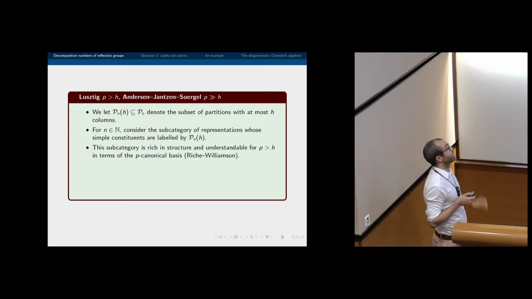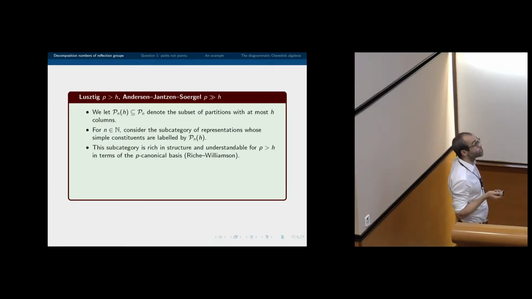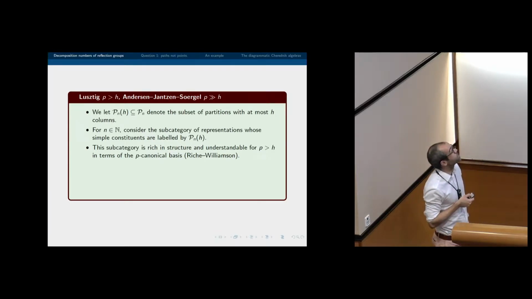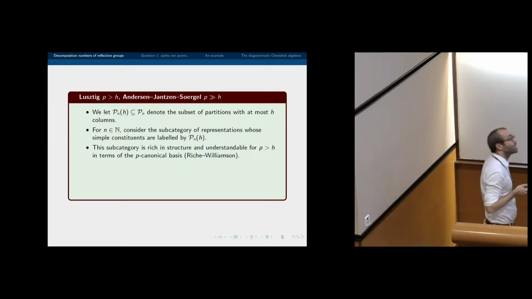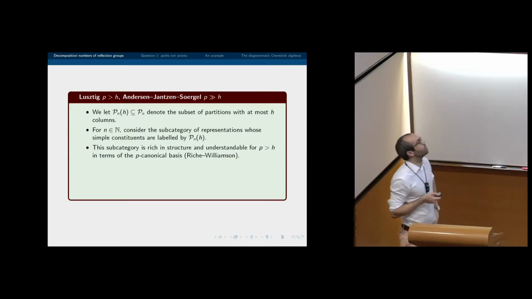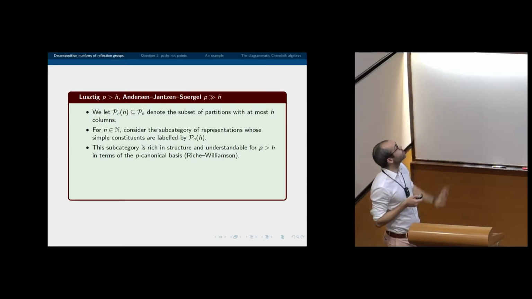This is a subcategory which is rich in structure, but it's also understandable for p greater than h in terms of the p-canonical basis. This is Riche-Williamson. It's now actually understandable for p less than h as well, but I'm going to segue.